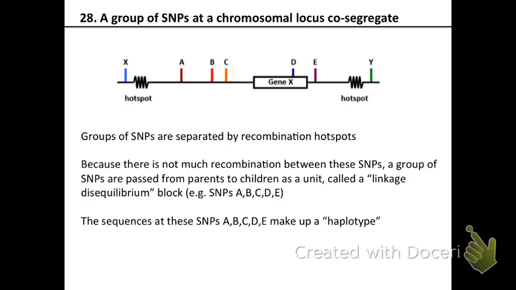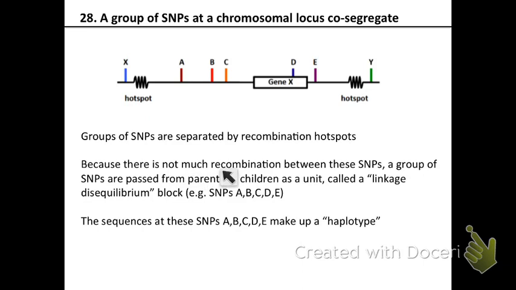So every time meiosis occurs, this little block gets segregated to one chromosome or not. So the sequence at the A location, B location, C location, D location stays similar, okay? They're just segregated by blocks.